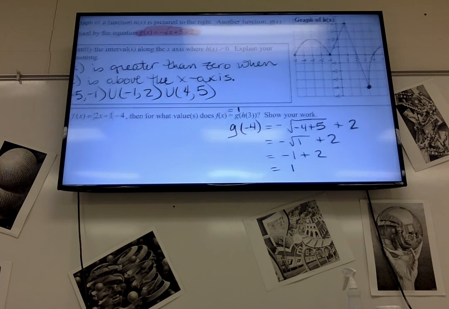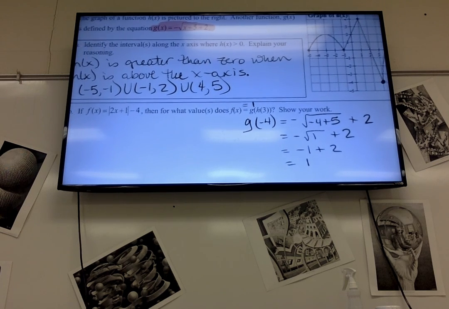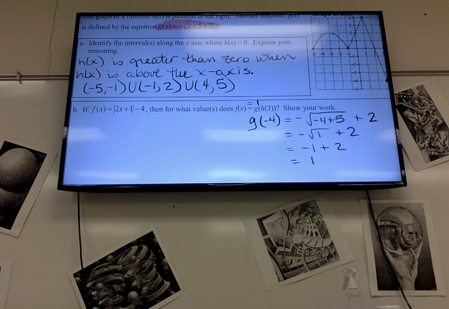So we want to know when that equation for f of x equals 1. So I have absolute value of 2x plus 1 minus 4 equals 1. Add 4, get the absolute value of 2x plus 1 equals 5.